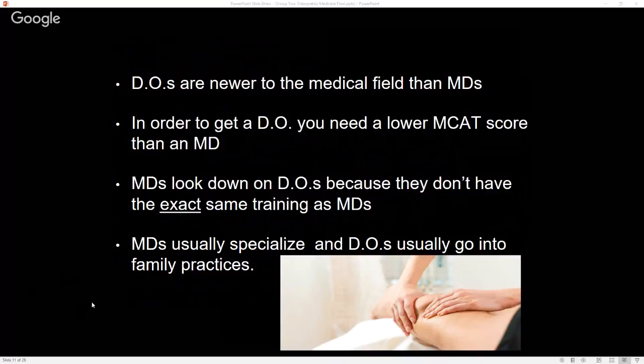But the basic training is usually the same for both of them. The only difference is specialty wise. Other than that, DOs are newer to the medical field than MDs are. So next slide.